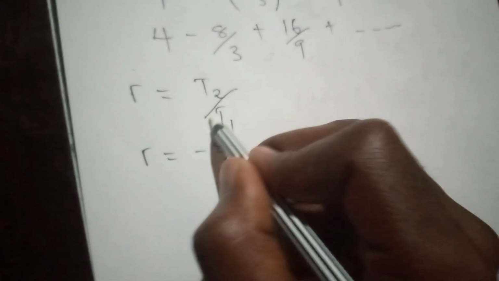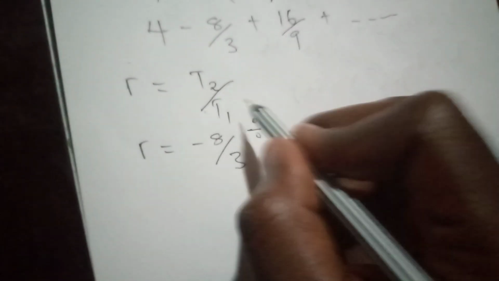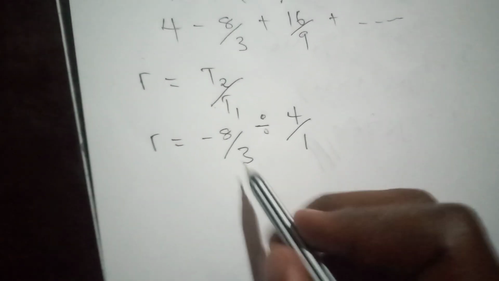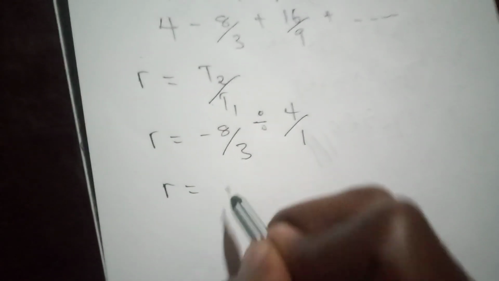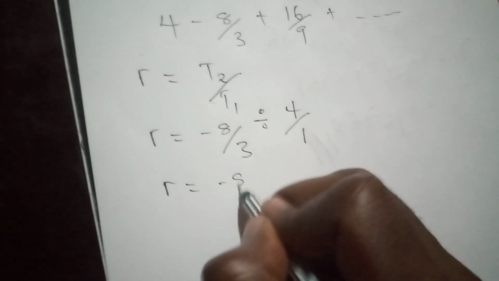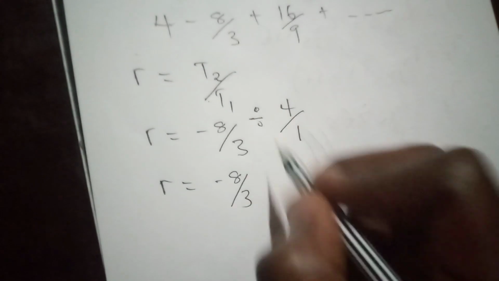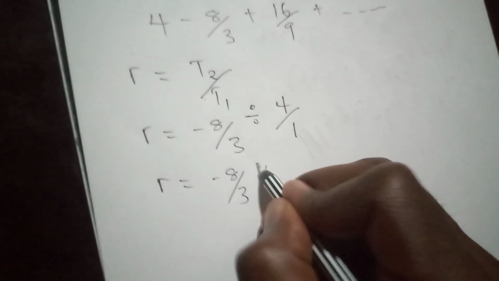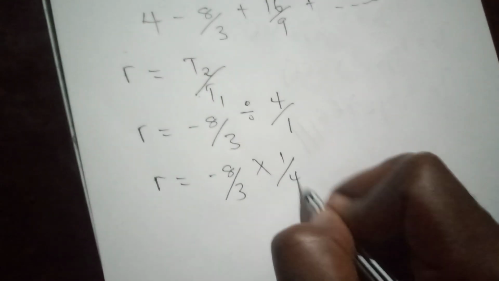There I introduce a multiplication symbol, and once you do that, the numbers swap each other, so that is 1 over 4.